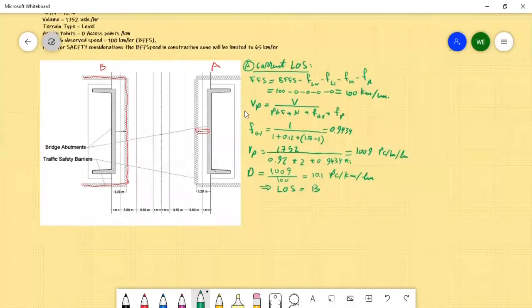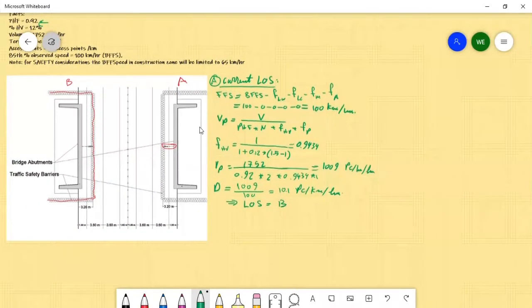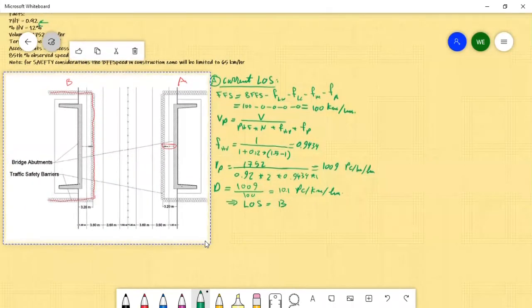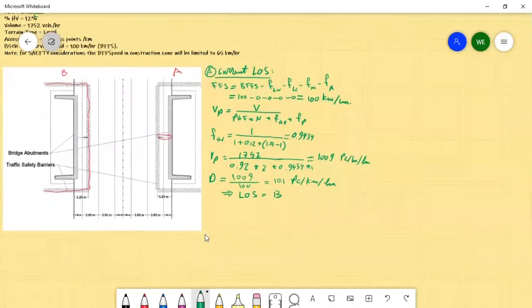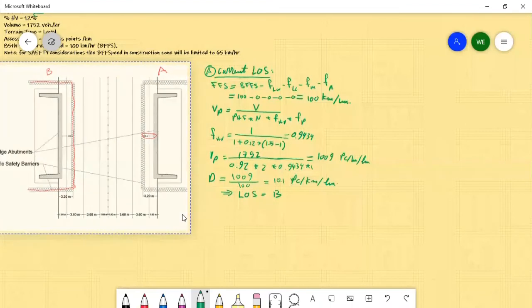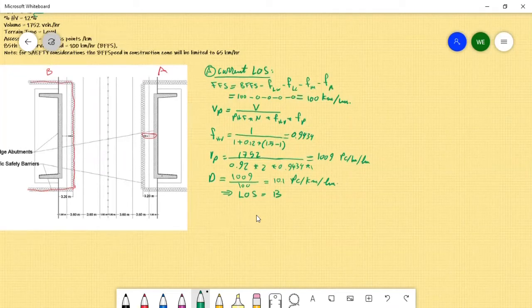So let's try option B, single phase construction.